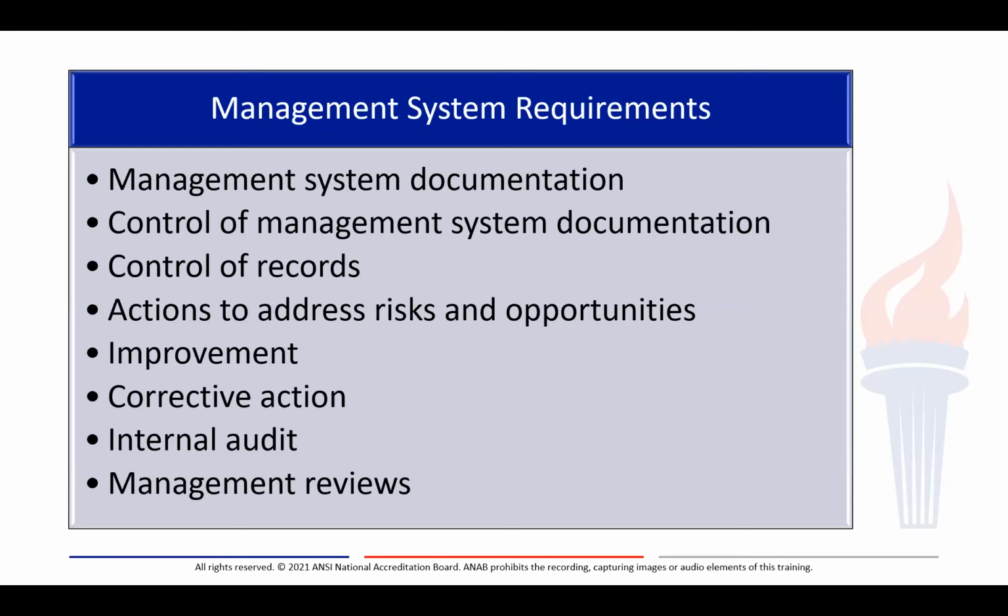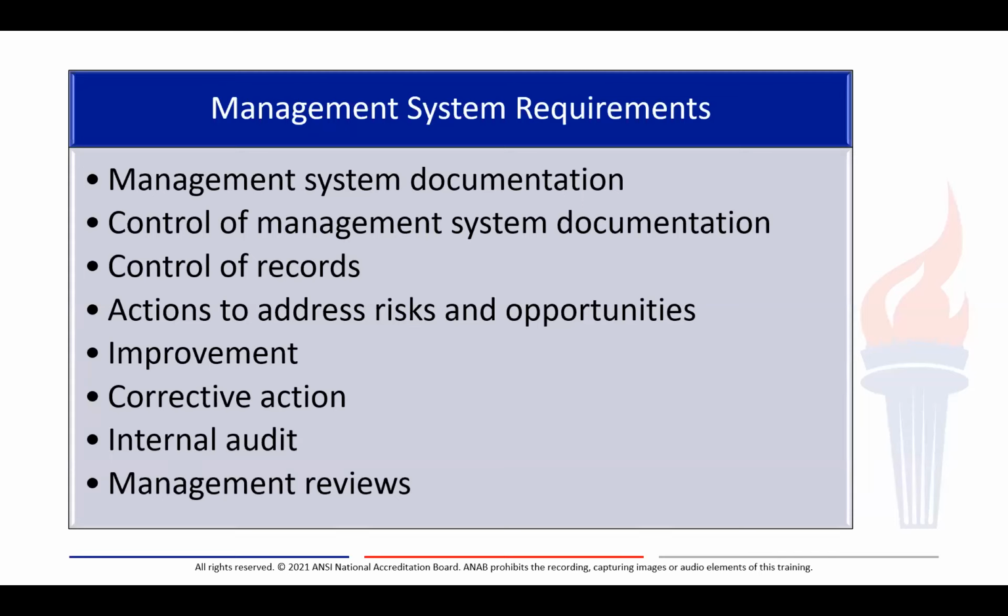They must also control records and take actions to address risks and opportunities. The concept of risk was introduced in the 2015 edition of 9001 and requires organizations to consider risks, including risks to impartiality, and plan actions to address those risks.